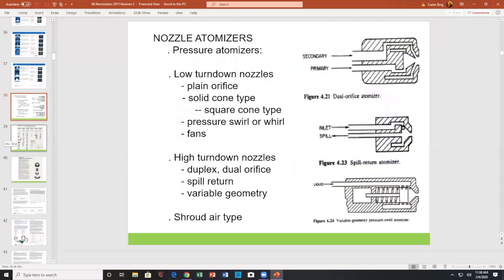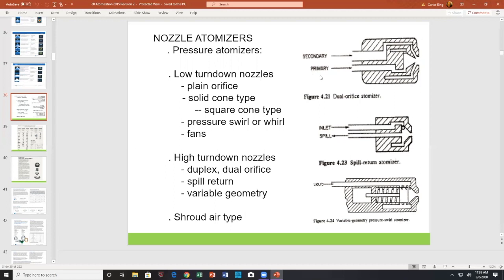This I've taken from Lefebvre's book. You have potentially a dual-orifice atomizer or a split return atomizer. Here you have an outer orifice and then an inner orifice. You have the primary feed coming, and then perhaps a secondary feed.